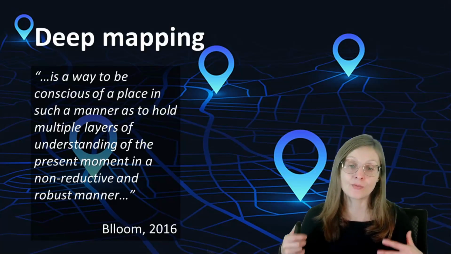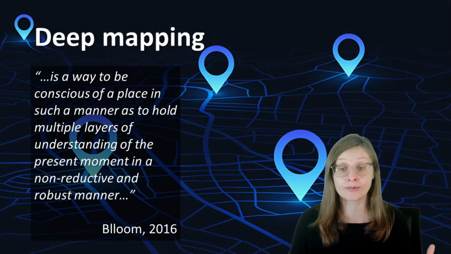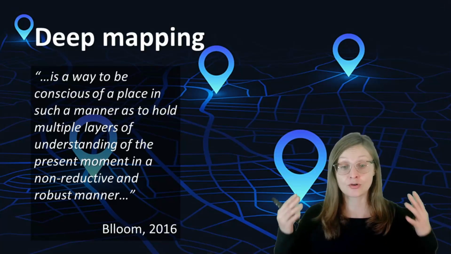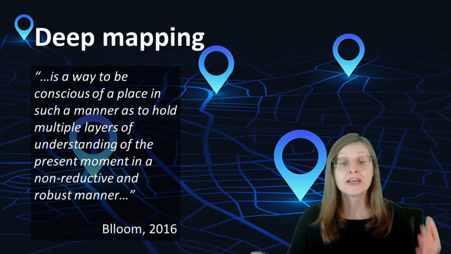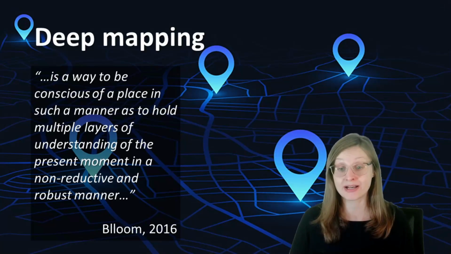Deep mapping is a way to be conscious of a place in such a manner as to hold multiple layers of understanding of the present moment in a non-reductive and robust manner.